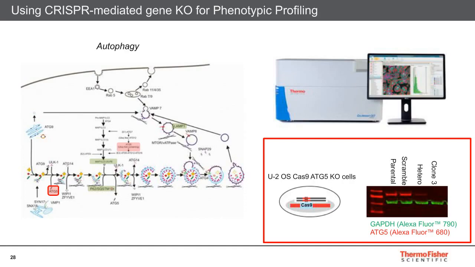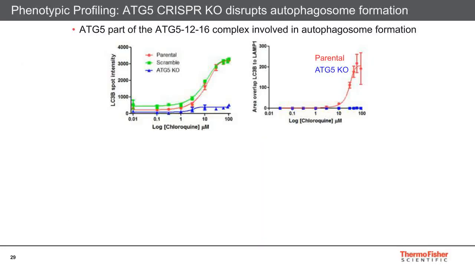Two other proteins, LC3B and P62, are also important in autophagosome formation, and that's shown in this slide, wherein we are looking to see what effect the ATG5 knockout has on autophagosome formation.